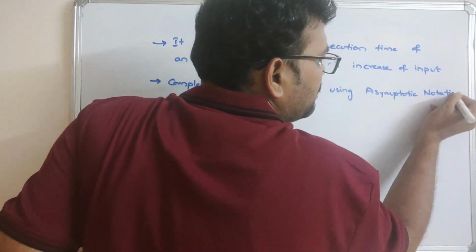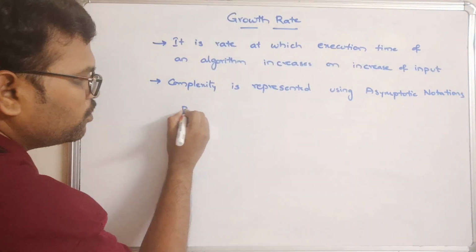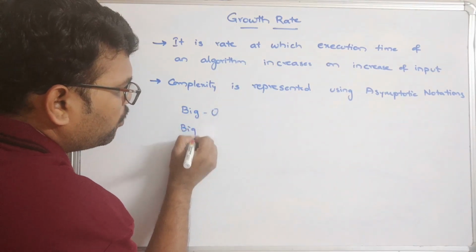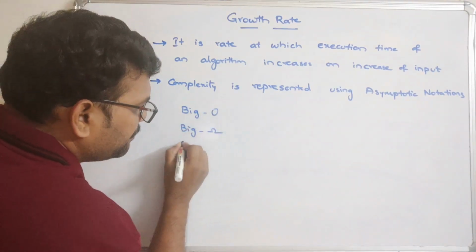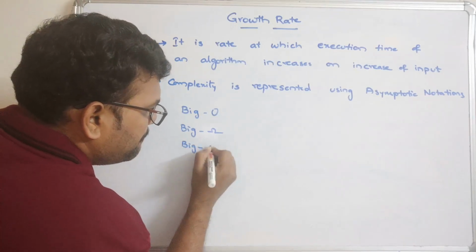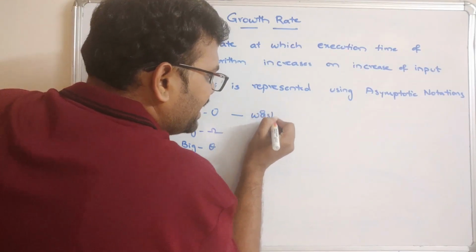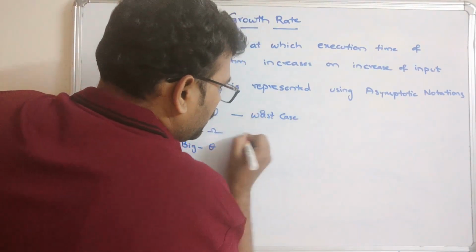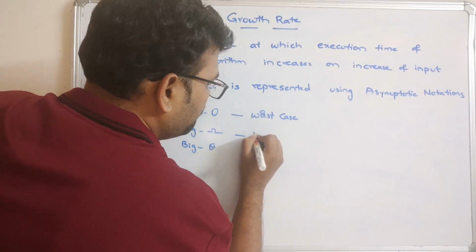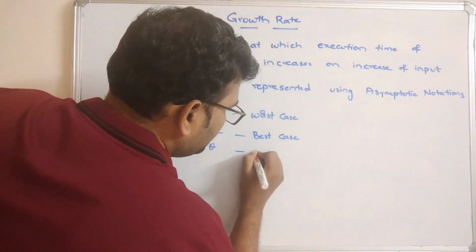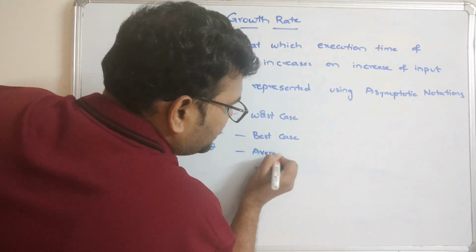So we know the asymptotic notations: big O, big omega and big theta, where big O we call a worst case, big omega is a best case scenario, and big theta is an average case scenario.